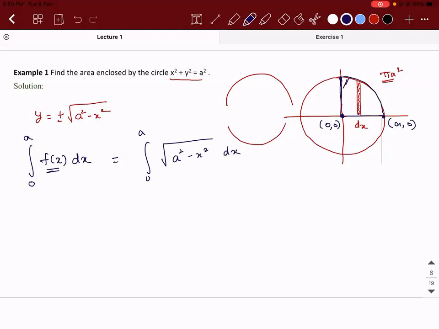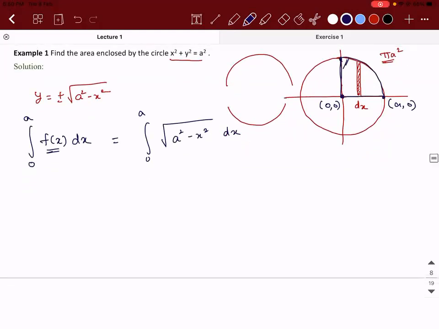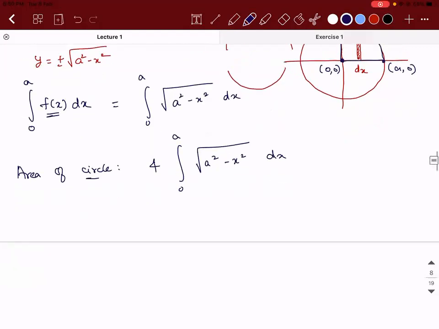Why didn't I take the minus sign? Because I consider it in the first quadrant. So this is the area of the sector, but the area of the circle is what? 4 times the integral from 0 to a of root of a square minus x square times dx. So how will I get 4 into, what is root of a square minus x square, guys?